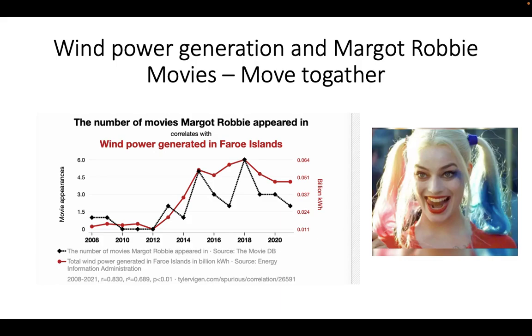So obviously, what we can see over here is that although these two things are correlated, they're moving together. One is not causing the other, and since it's not causing the other, we're not able to say that one results in the other. It's just two things moving together.